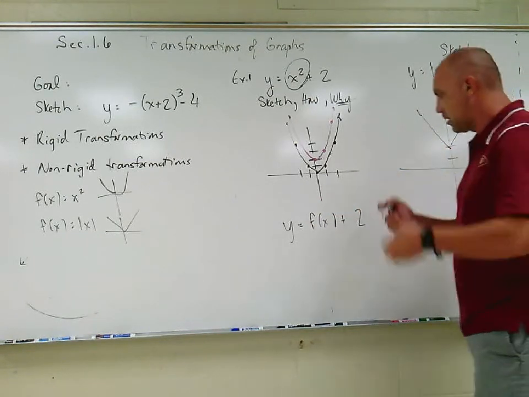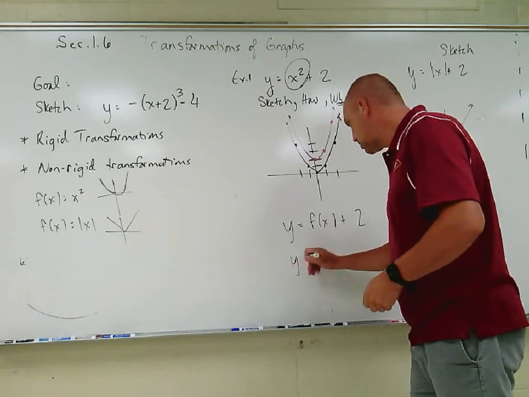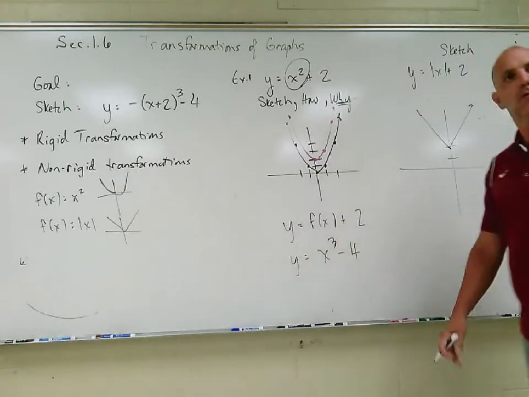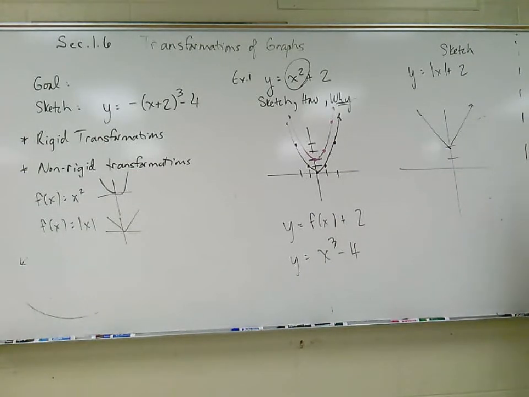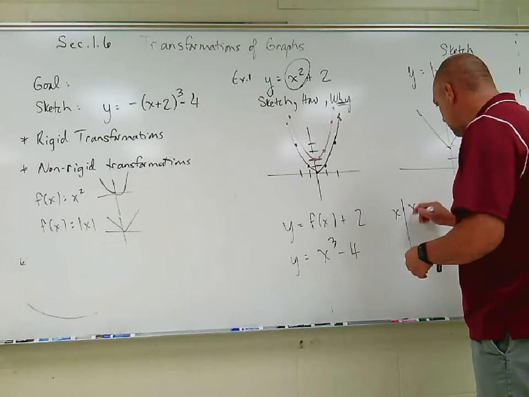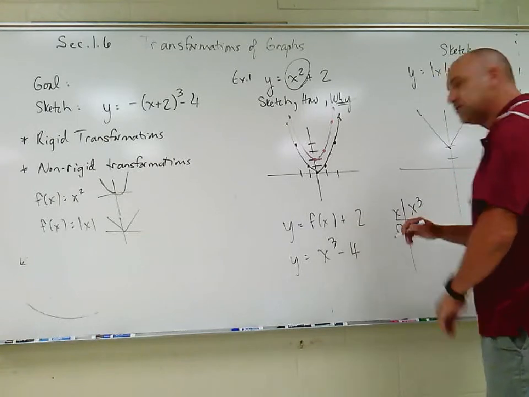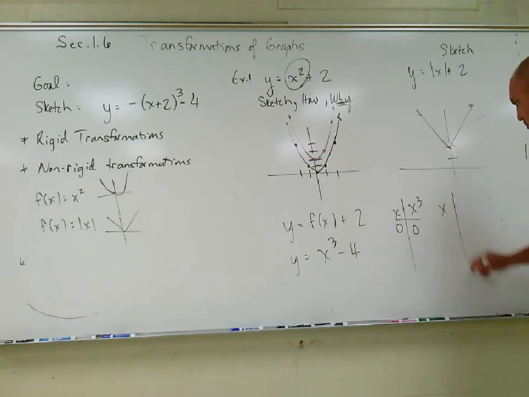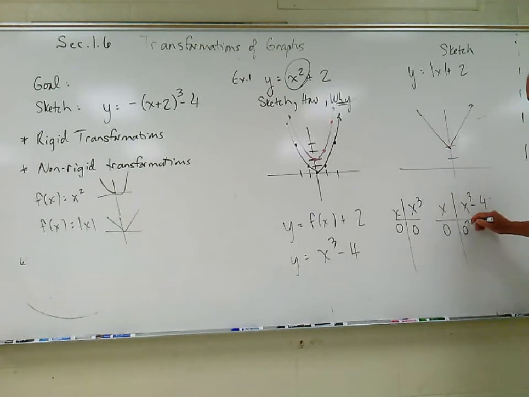All right, so if I gave you this, x cubed minus 4, what should happen? You take the x cubed graph and you should move down 4. Again, another way to do it is, instead of making the whole T-chart, you know the one key point is 0, 0. Well, if I do x cubed minus 4, if I look at that key point, 0, 0 cubed minus 4, you get what?